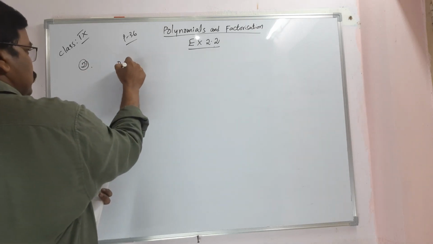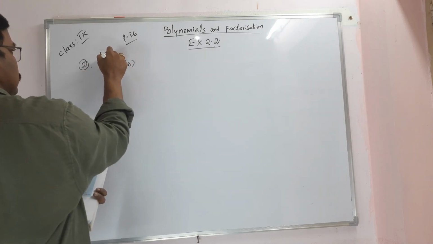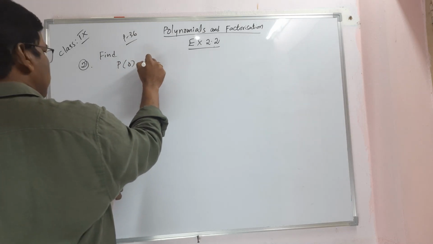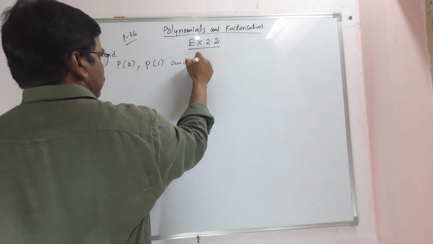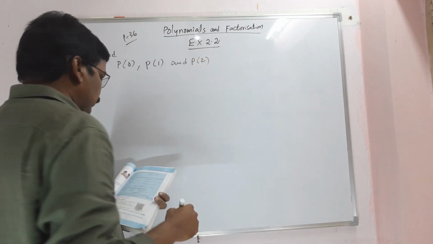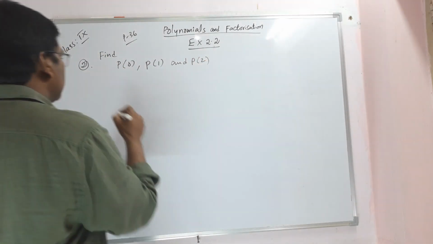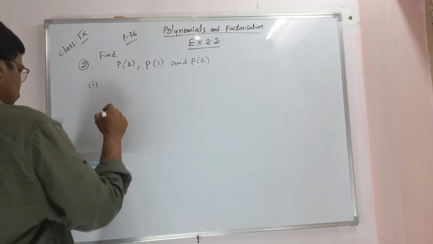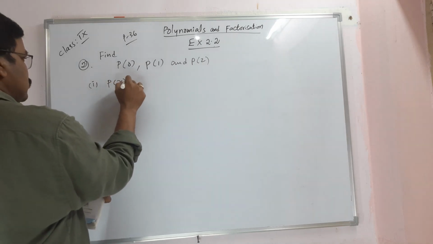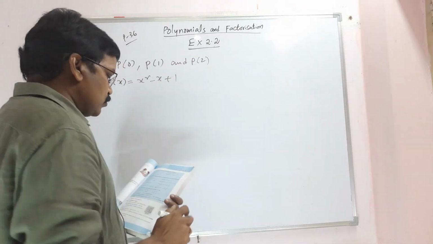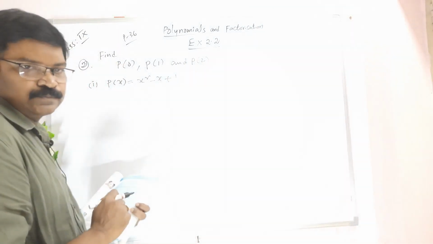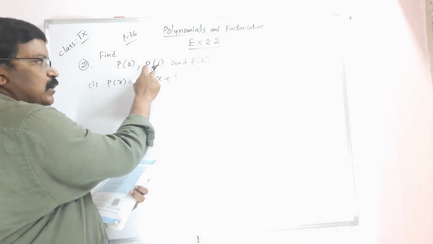Find P of 0, P of 1 and P of 2 for each of the following polynomials. Number 1, P of x is equal to x square minus x plus 1. Find P of 0, P of 1 and P of 2.